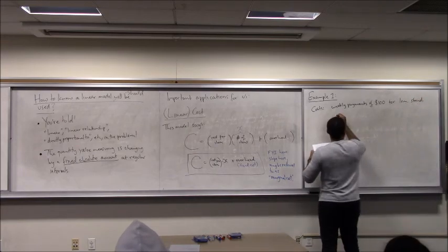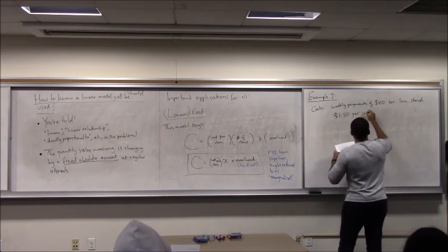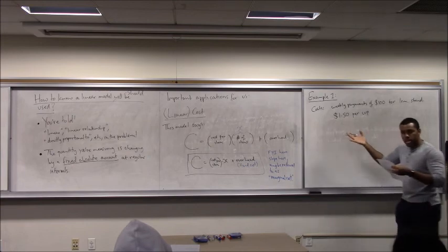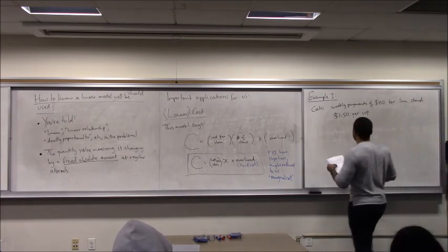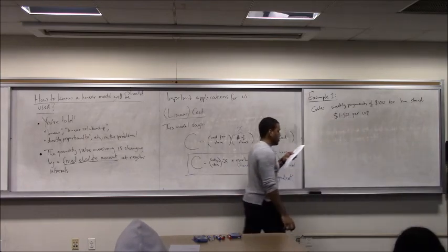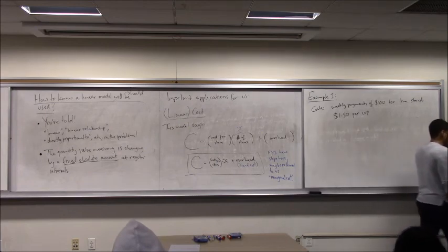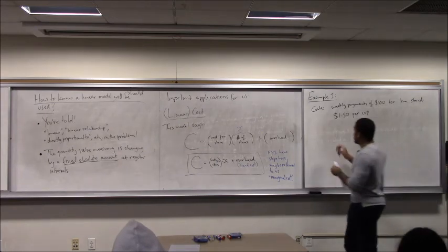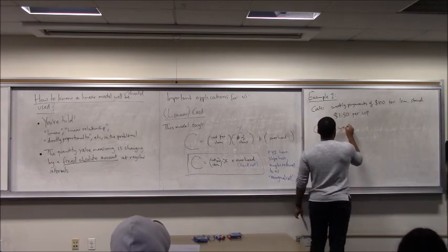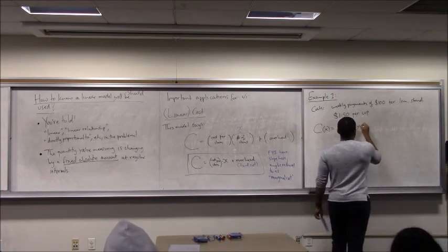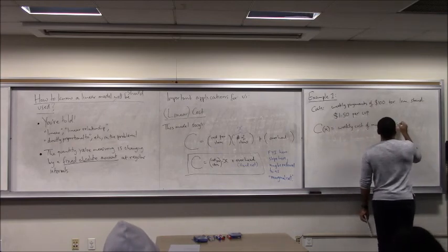And it costs us $1.50 to make a cup of lemonade. To find the ingredients and to pay for the cups, on average it works out to $1.50 per cup. Now I want the function c of x to represent the weekly cost of making x cups of lemonade.